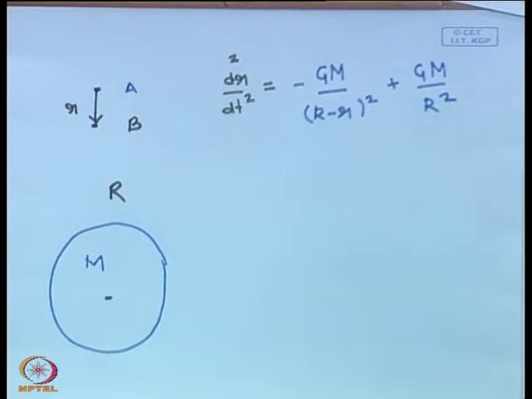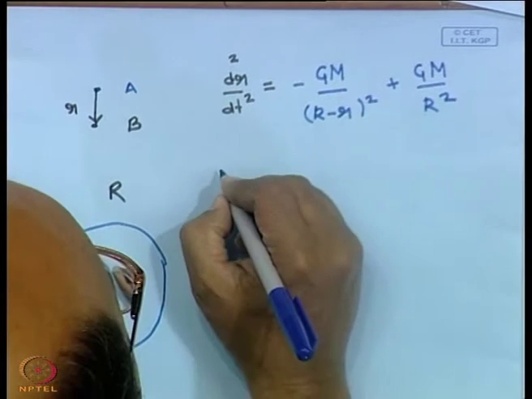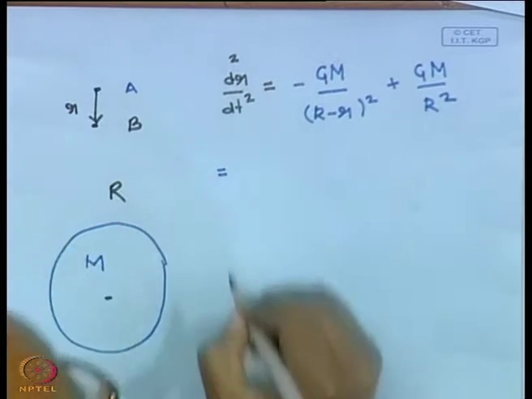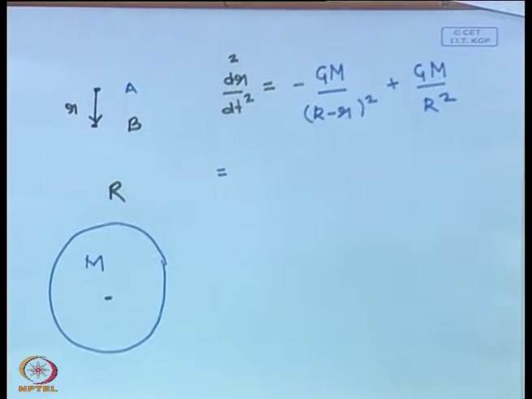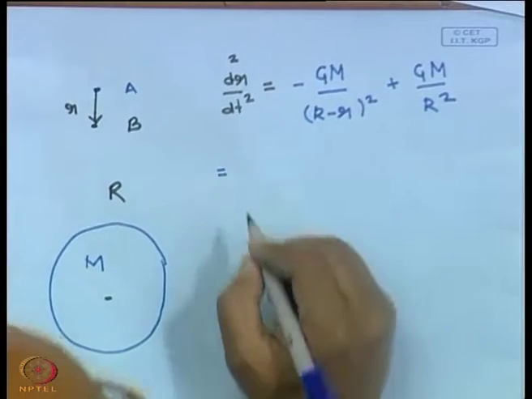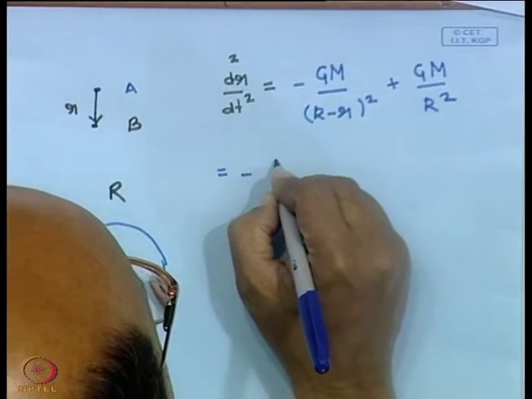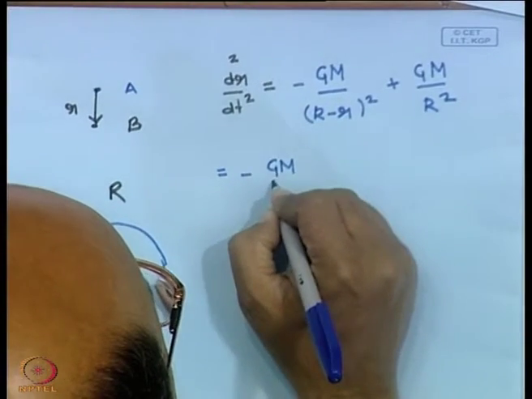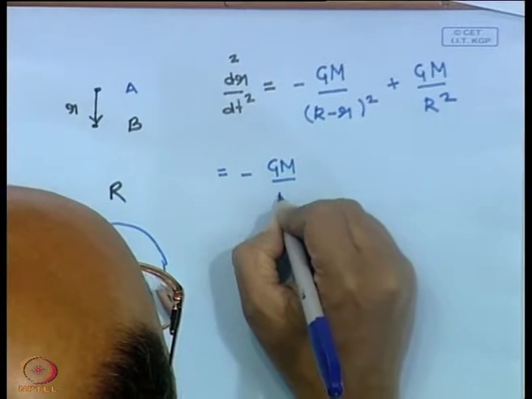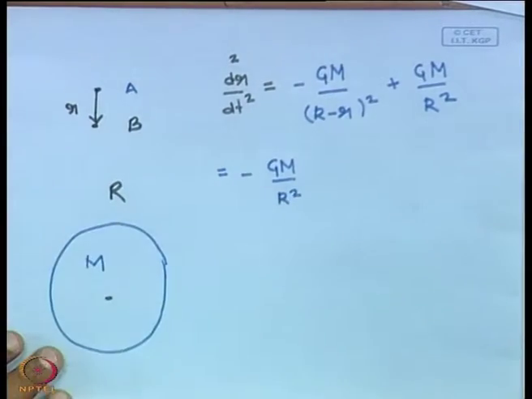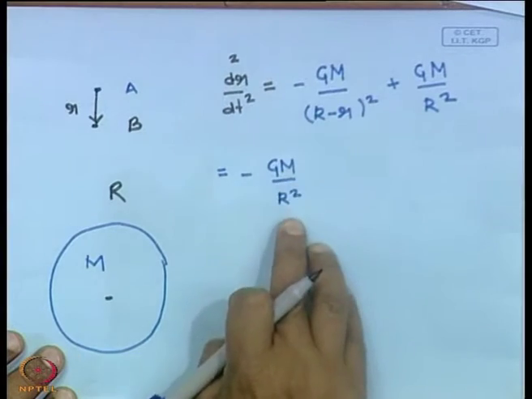Okay. And the right hand side can be written as minus GM by r square, right. I am writing this term as GM by r square.